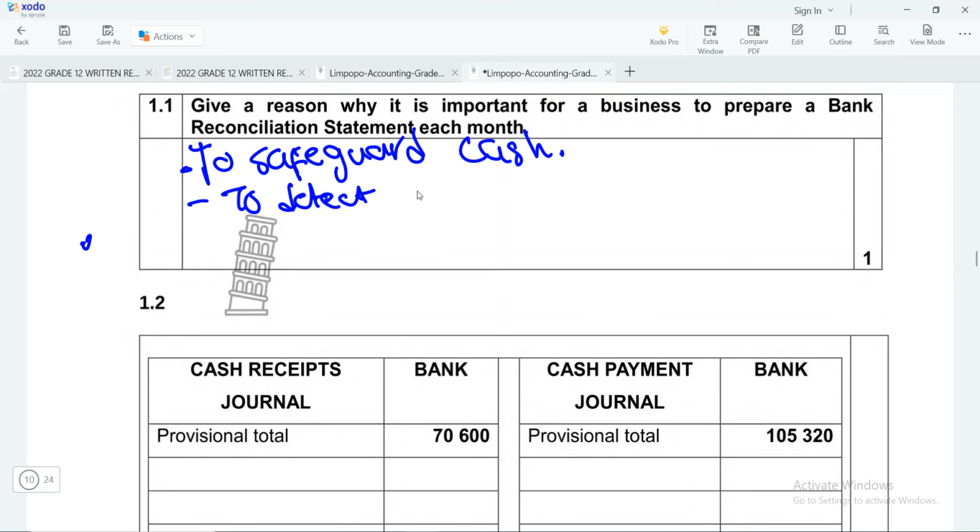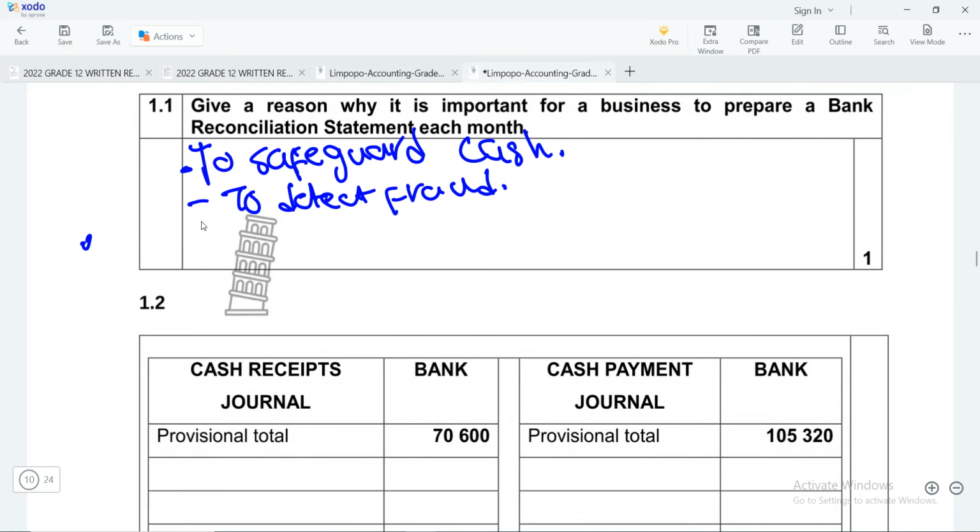Okay. And then the other reason could be to identify deposits that were not made, and to also identify EFTs that were not made. So that could also be one of the reasons, because remember, when you do bank reconciliation, those are the things that you are going to spot out, and you'll also see that there will be some things that are included in the bank statement but are not there in the journal.